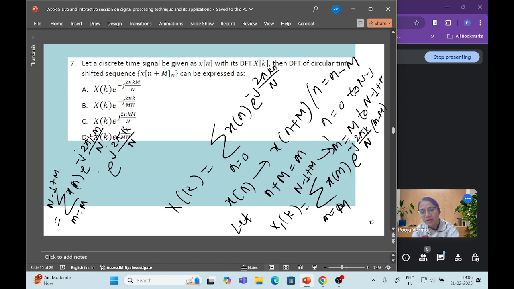This minus will be the plus only. And already we know that this will be equal to x of k.